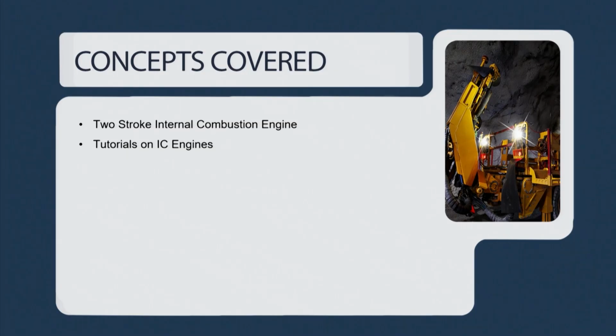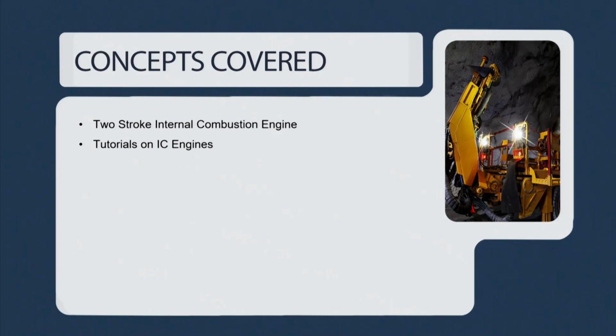So in last class we covered the 4-stroke internal combustion engine, that is we covered the thermodynamic cycle and the different processes that are involved in both petrol and diesel engine. We also understood why a diesel engine is used in heavy machineries and heavy vehicles, and why petrol engine is suitable for light four-wheeler vehicles.